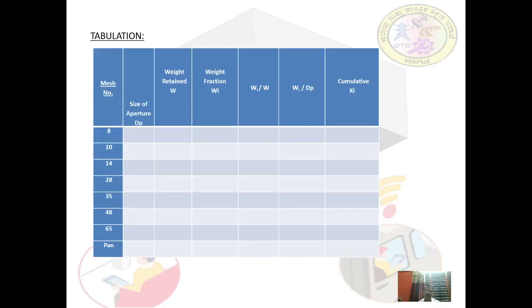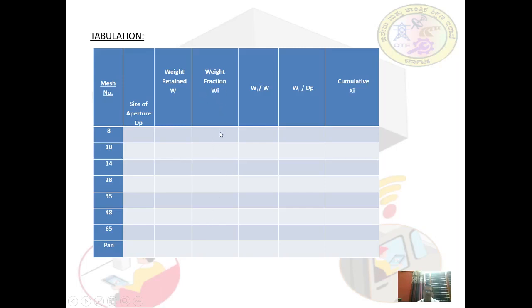The size of the aperture of the screen we have to note down from the standard list. After conducting the screen analysis, we write down the material retained on each screen against their mesh number, right? And all these weights are added, and you get the total weight of the sample which is screened.